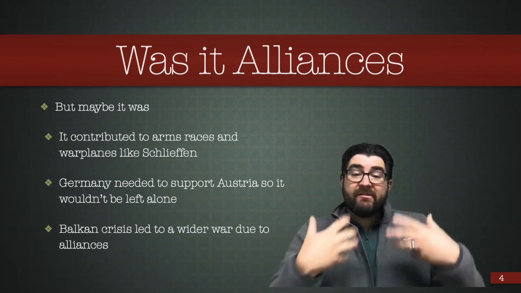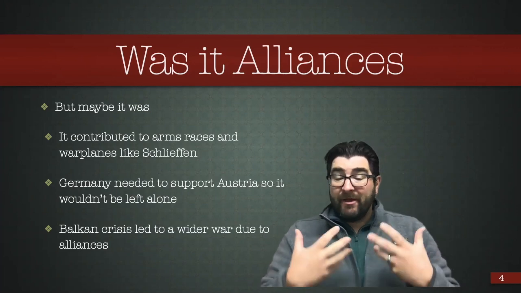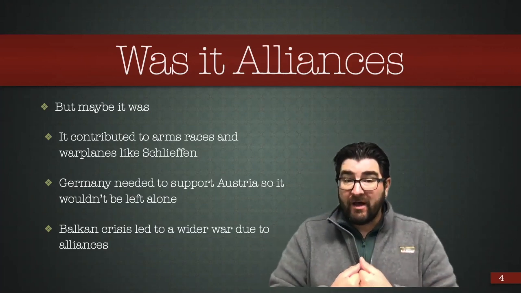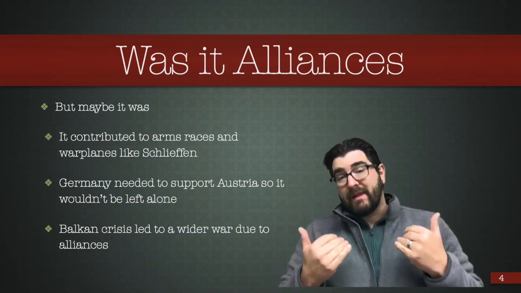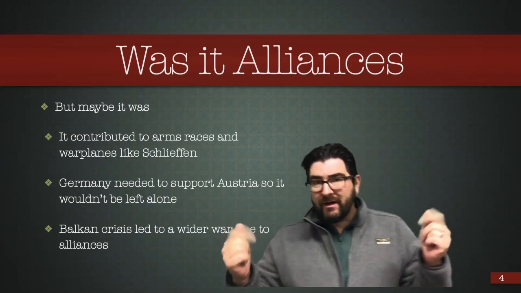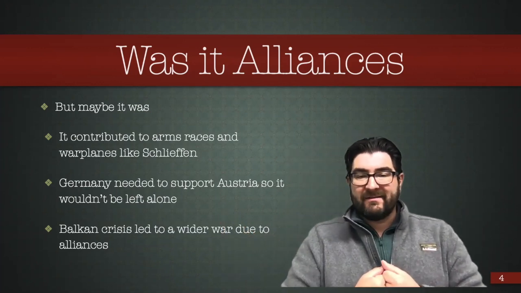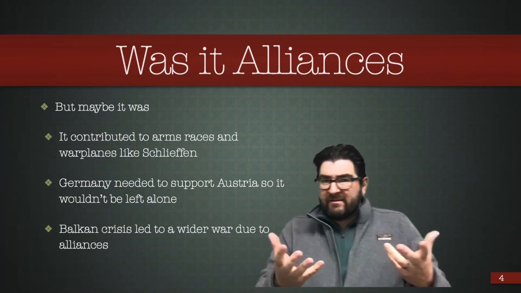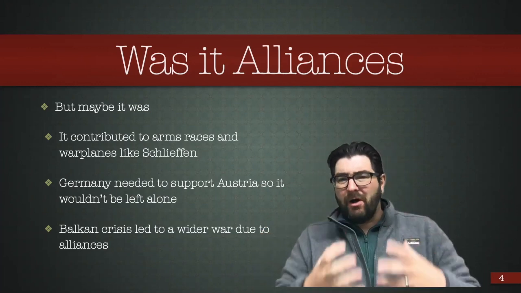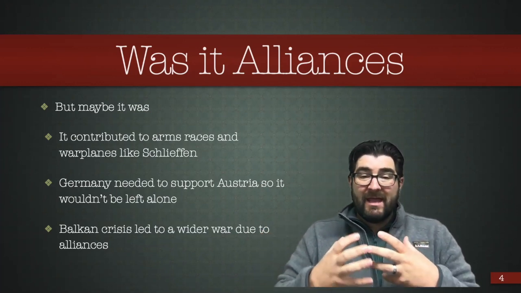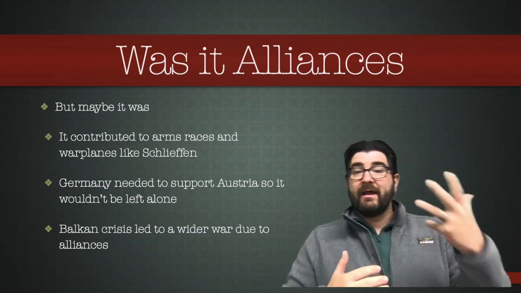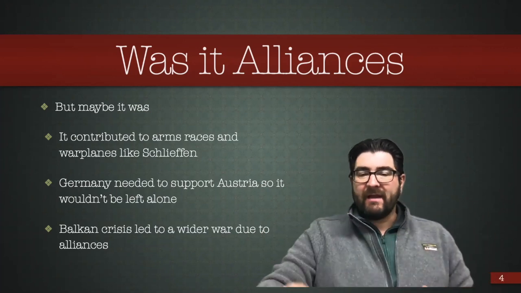Germany needed to support Austria and their dual alliance with the Austrians, so they wouldn't be left alone because France and Russia have such a formidable alliance.